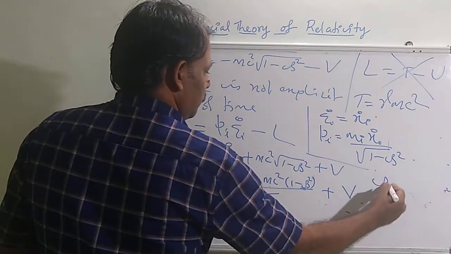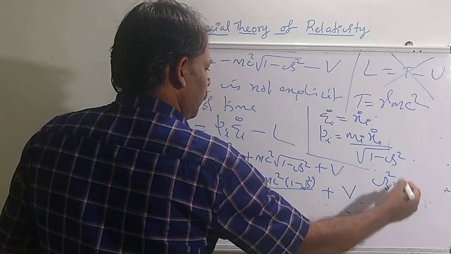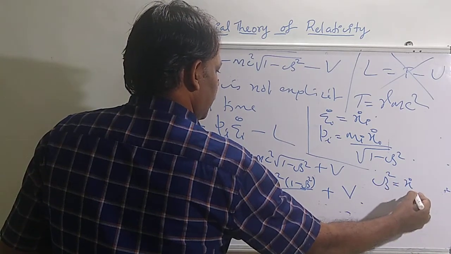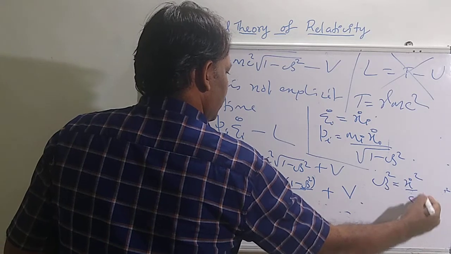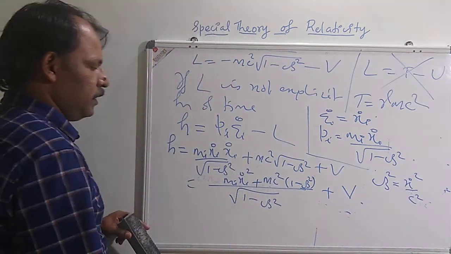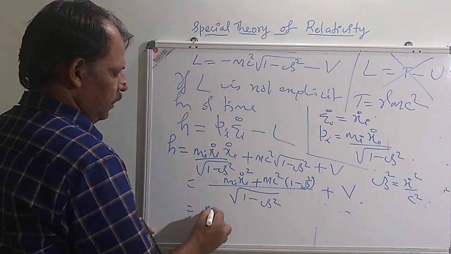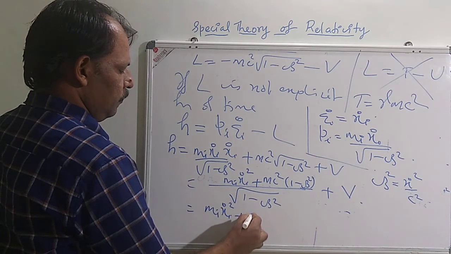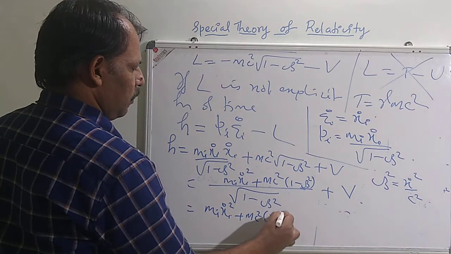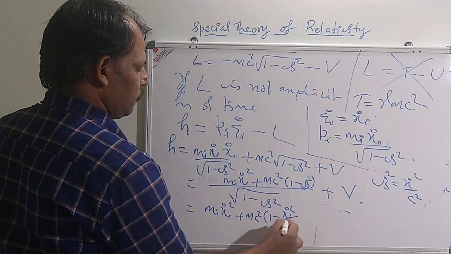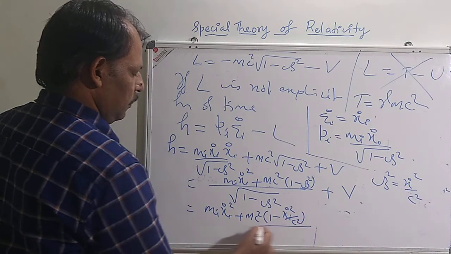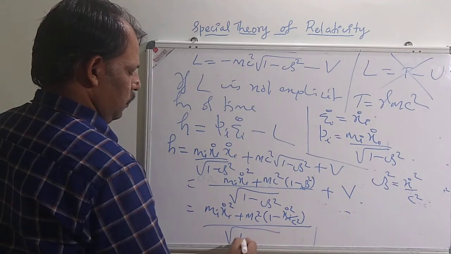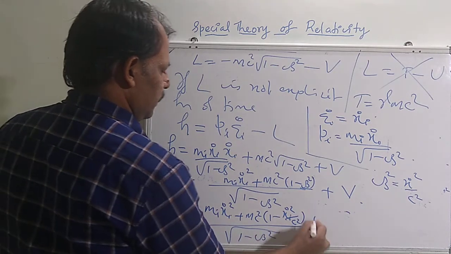Beta is v by c or xi dot by c, so beta square is xi dot square by c square. This will be m_i xi dot square plus mc square into 1 minus xi dot square by c square, divided by root of 1 minus beta square, plus V.